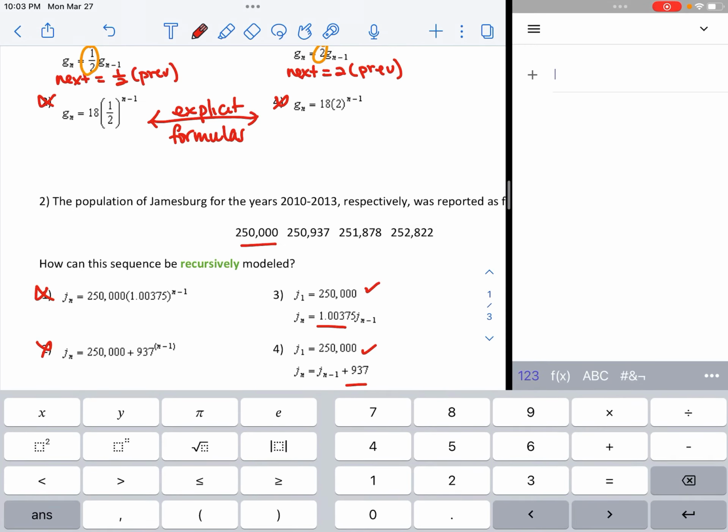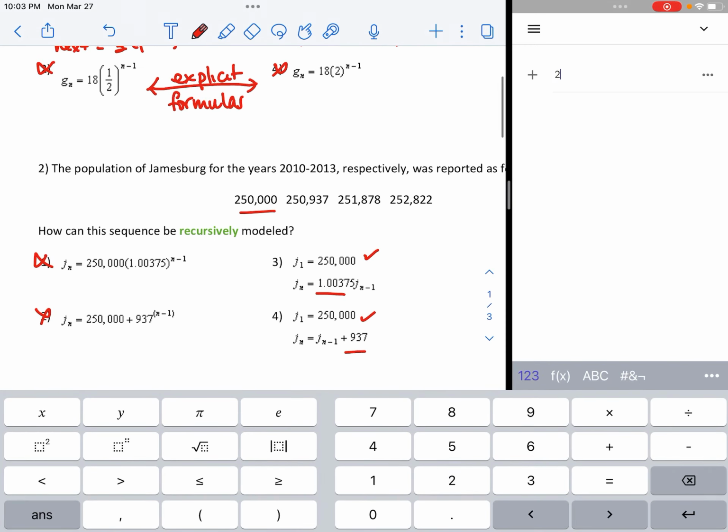Let's try choice 4 first. If I start at 250,000 and I add 937, since it says the next would be equal to the previous plus 937, that actually gets you the second term.